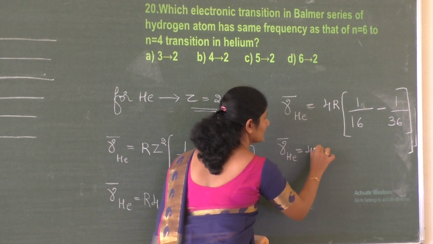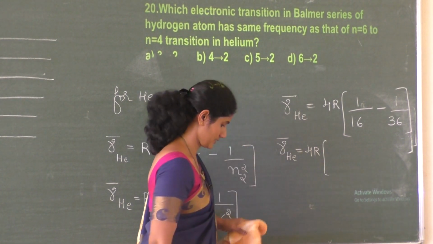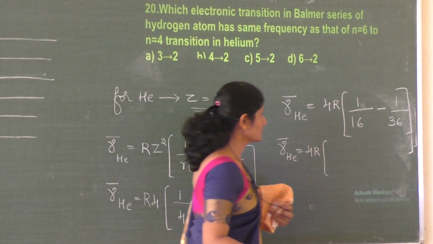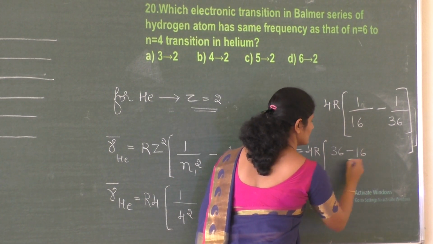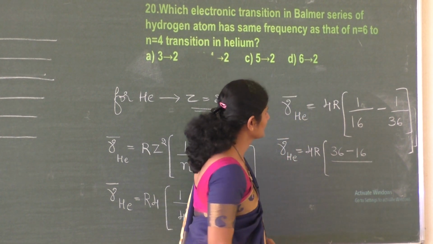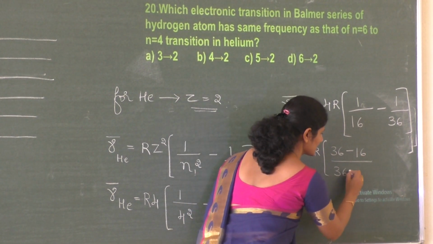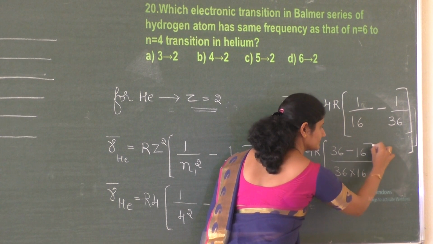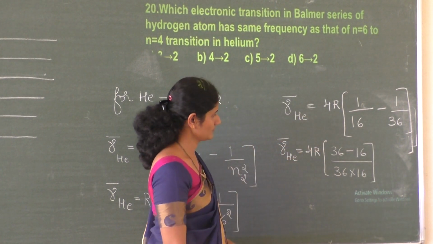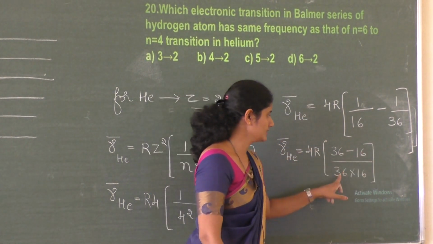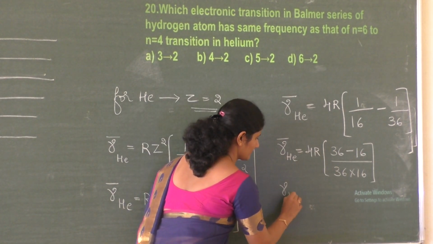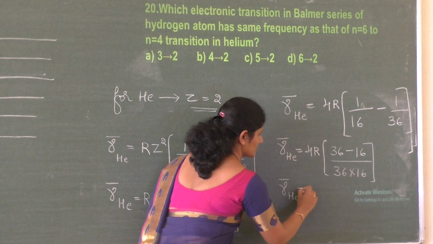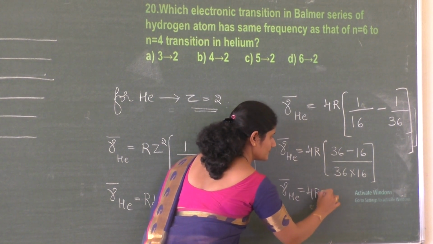So 4R into, in the numerator, 36 minus 16 divided by 36 into 16. 36 minus 16 divided by 36 into 16 is equal to 4R.